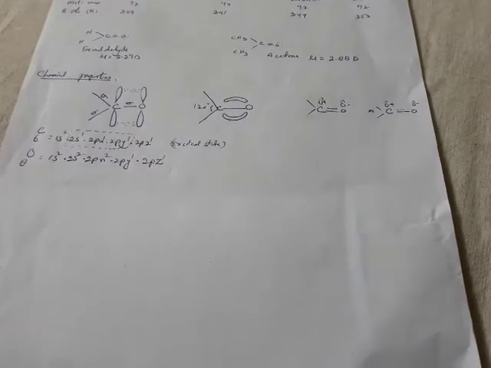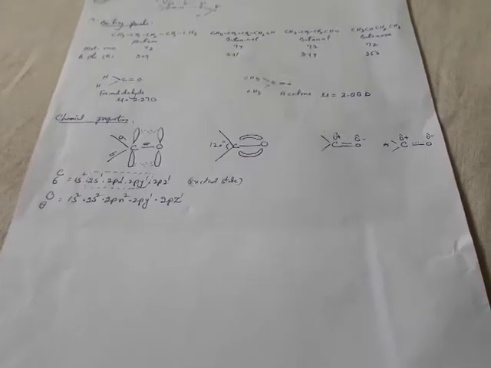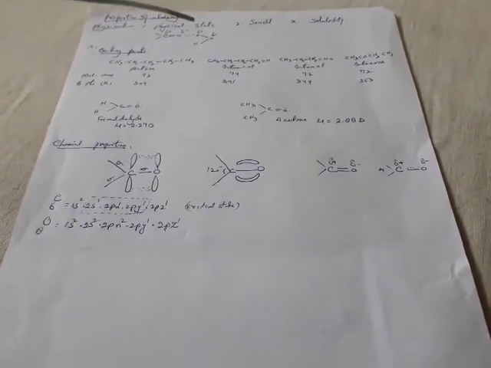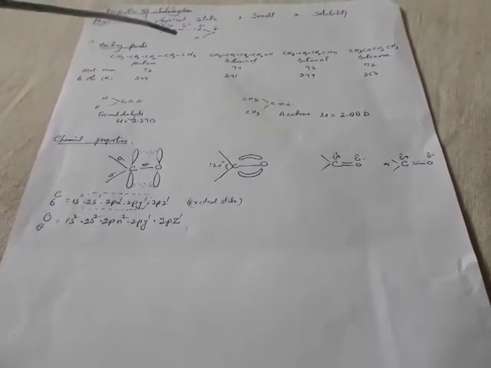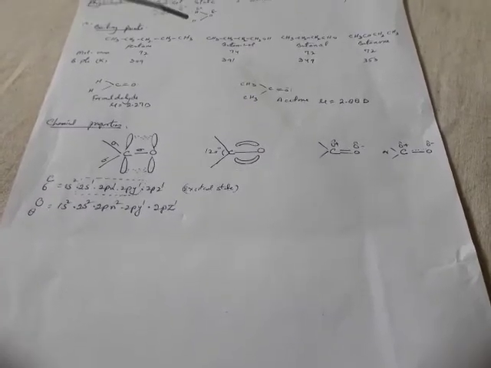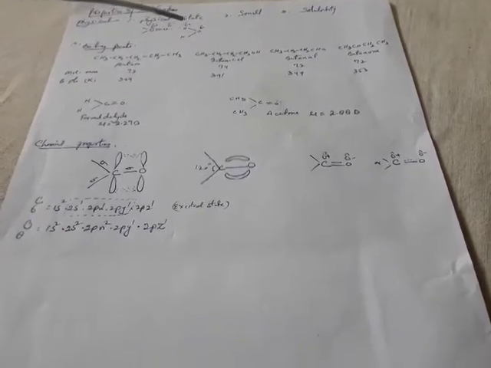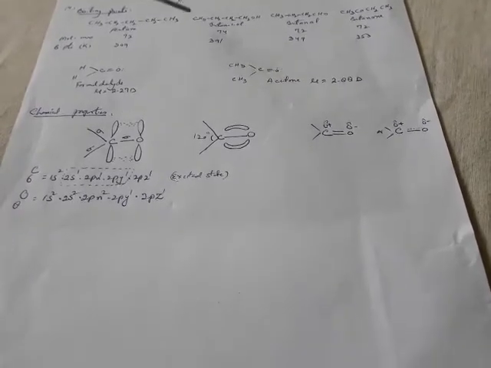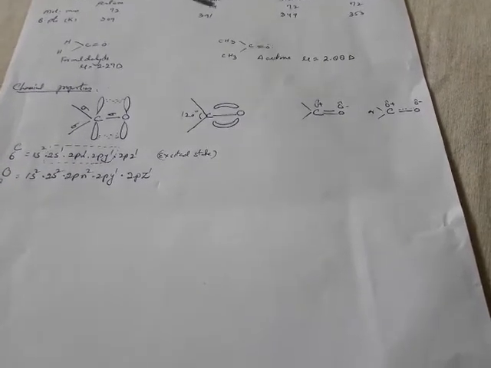Then we have another physical property, that is the boiling point. The boiling points of aldehydes and ketones are higher than those of hydrocarbons of comparable masses, but lower than those of the corresponding alcohols or carboxylic acids. This is because aldehydes and ketones are polar compounds, because the carbonyl group is polarized, having sufficient intermolecular dipole-dipole interactions between the opposite ends of the carbonyl, that is carbon and oxygen of the carbonyl group.